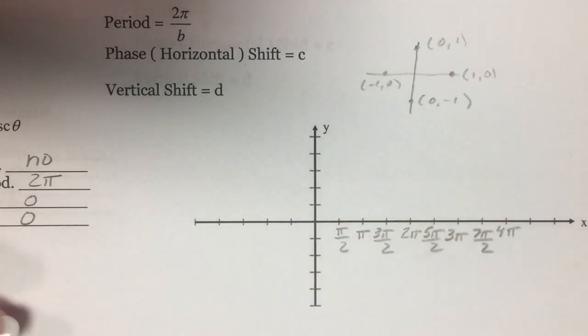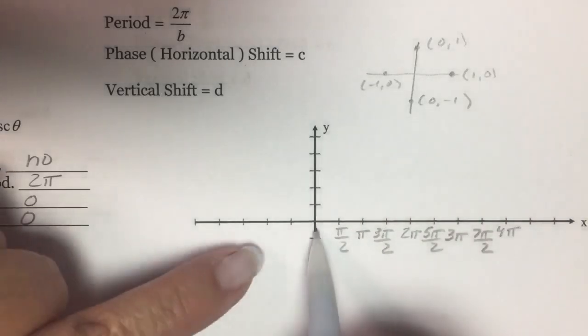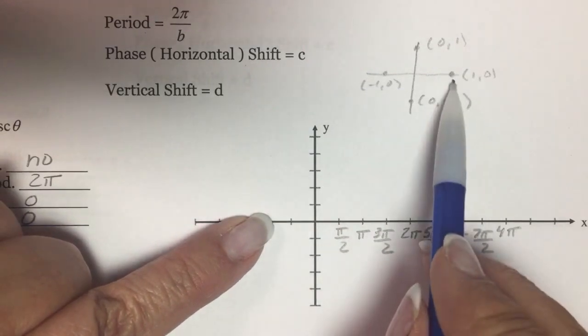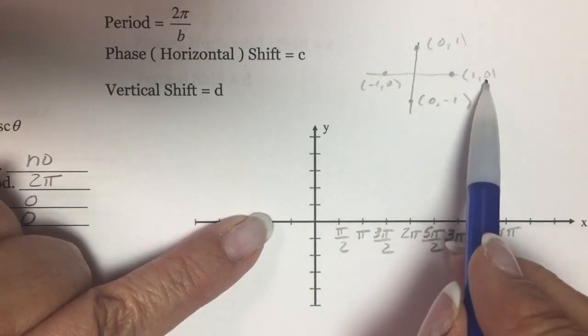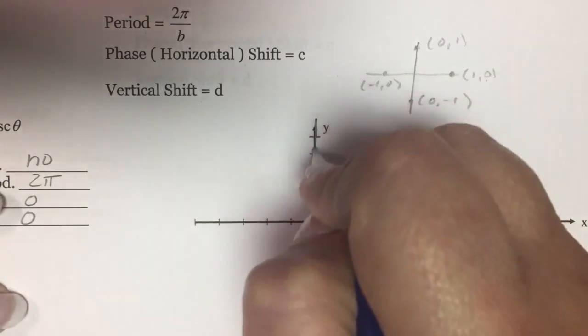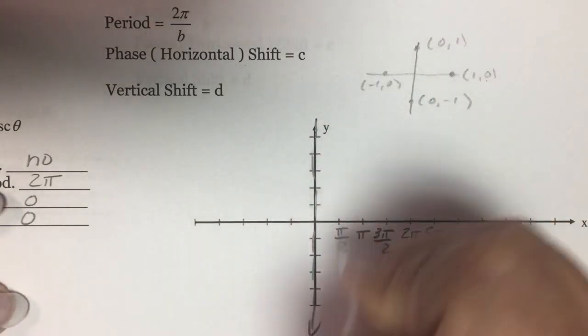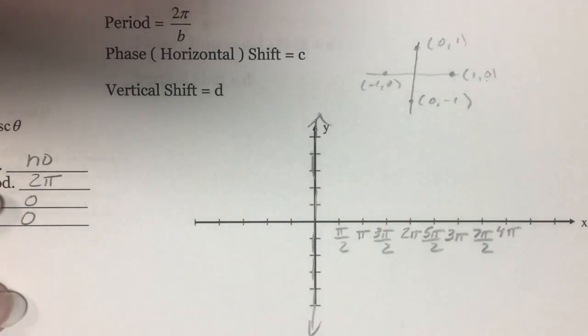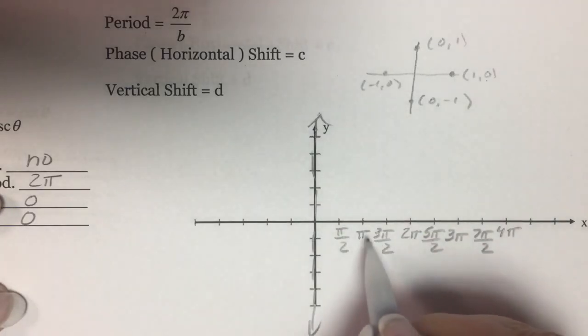they look like that. So remember, cosecant is the reciprocal of sine. So if I plug in a 0, the sine is 0, which means the reciprocal is 1 over 0, or undefined. We are going to have an asymptote on 0. Let's look at pi.